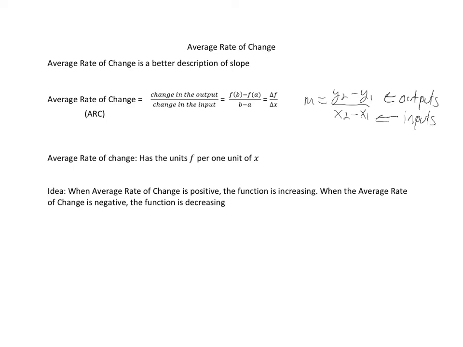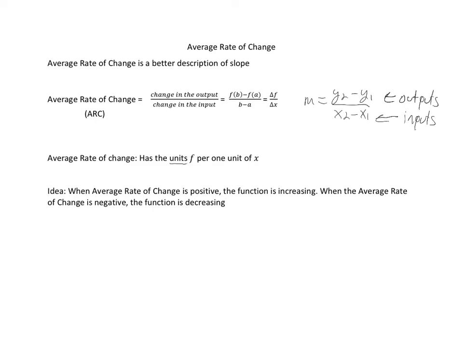The average rate of change is good for describing real-world problems. So when you calculate the average rate of change, you want to make sure that you note the units, which will always be whatever the output, f, is per 1 unit of x, or the input. And we'll see how that works in a little bit.